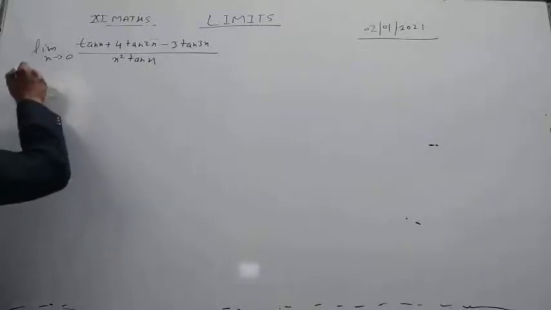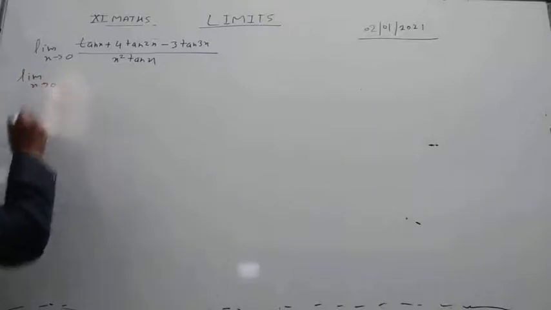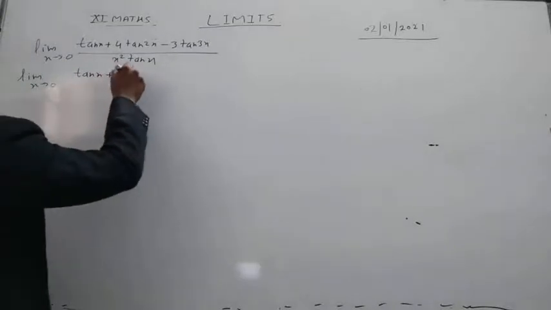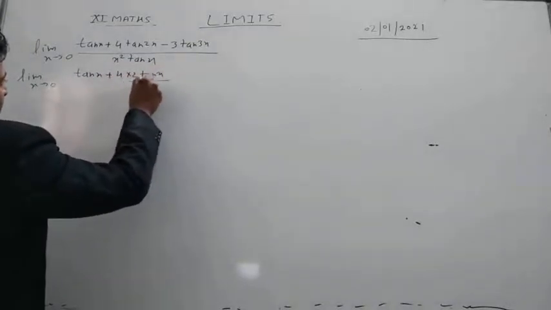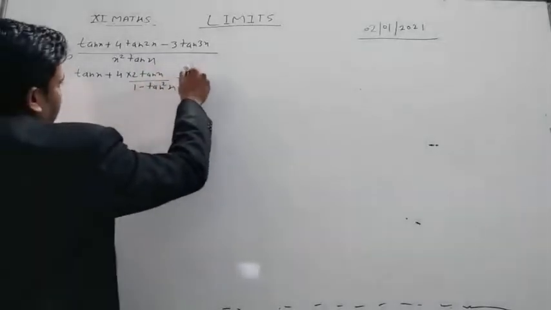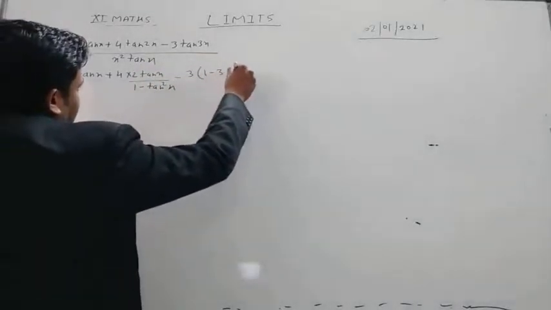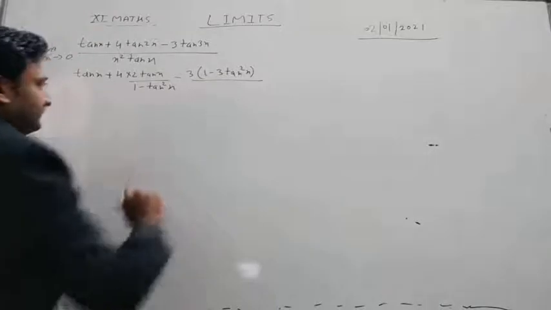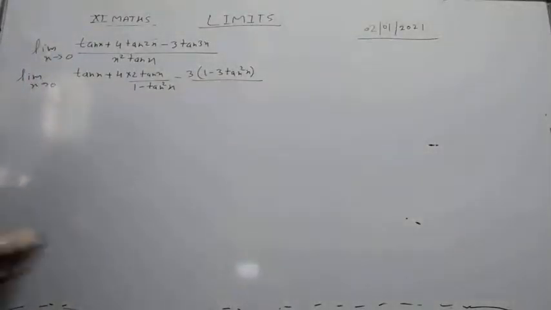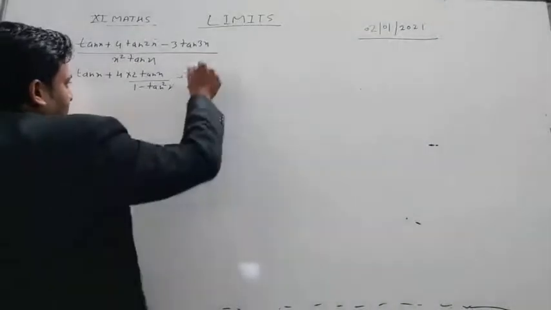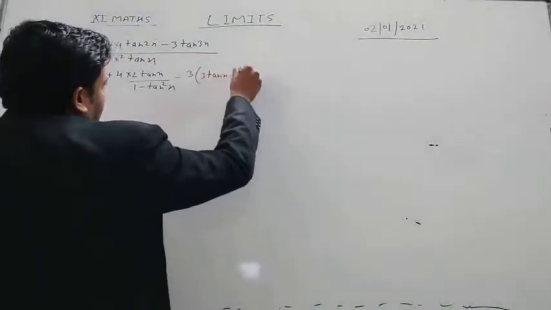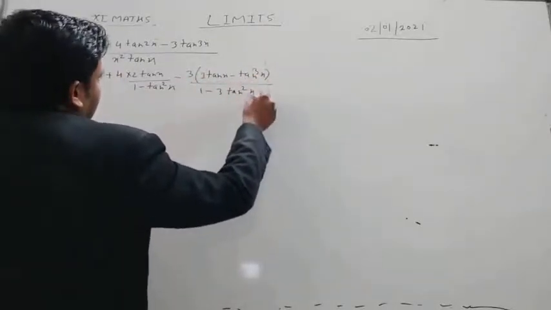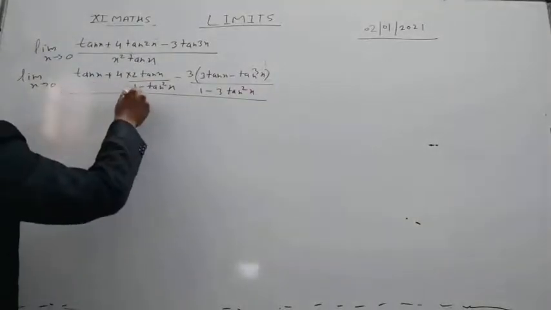So write limit x tends to 0, tan x is 4, 2 tan x upon 1 minus tan square x, minus 3, 3 tan x minus tan cube x by 1 minus 3 tan square x, and by x square tan x.